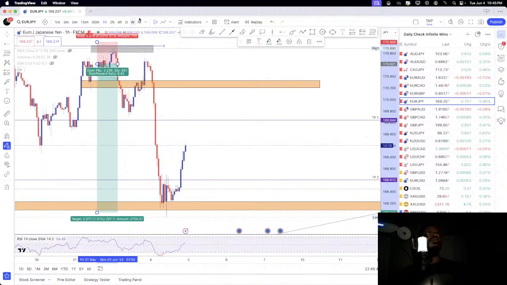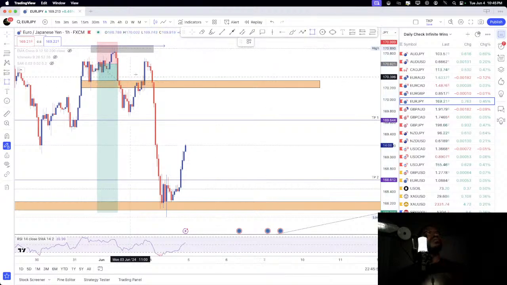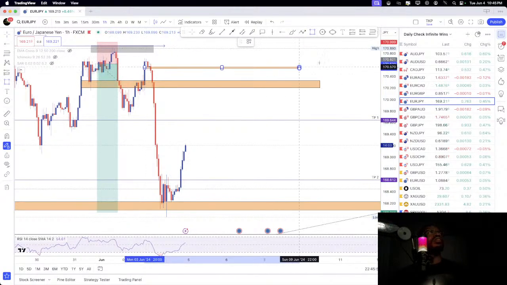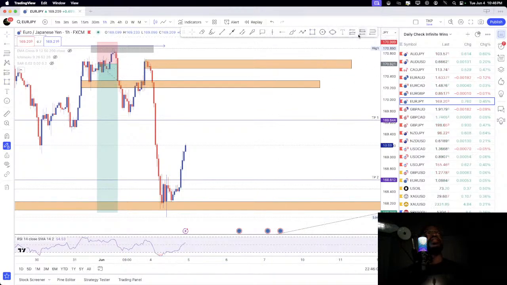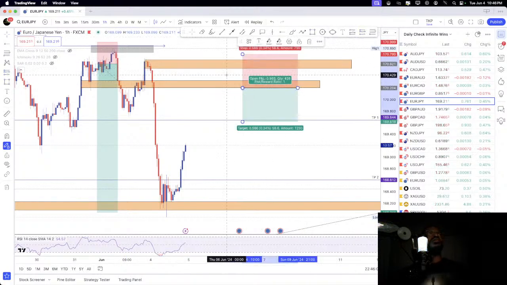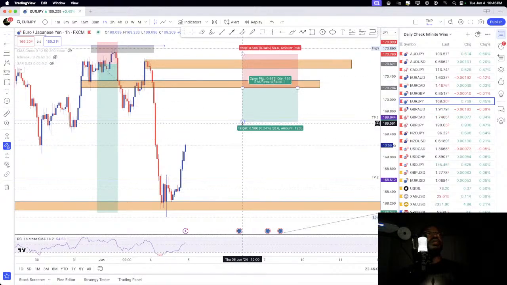Is that a double bottom on a 1 hour? Now we would have to respect that high.